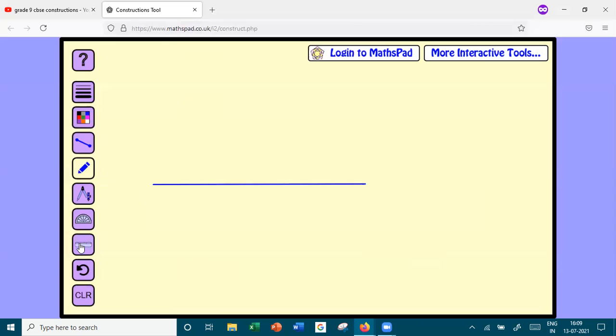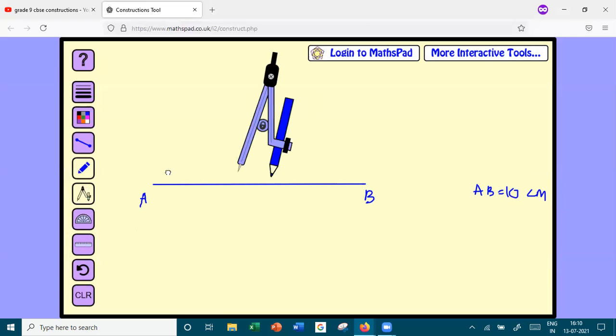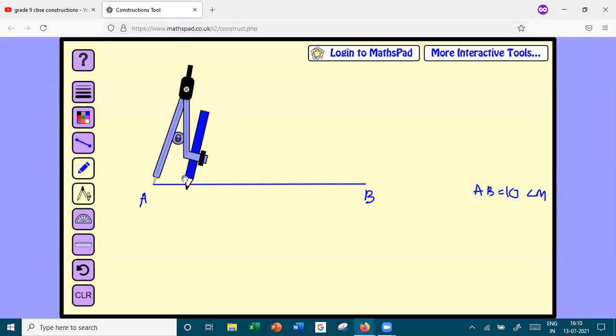So you made your line segment, and you call it something of your choice. AB, and I'm writing it here at the side because my construction part would go haywire. AB is 10 centimeter. Now take your compass and place it at point A. Take any radius, it should be more than half.